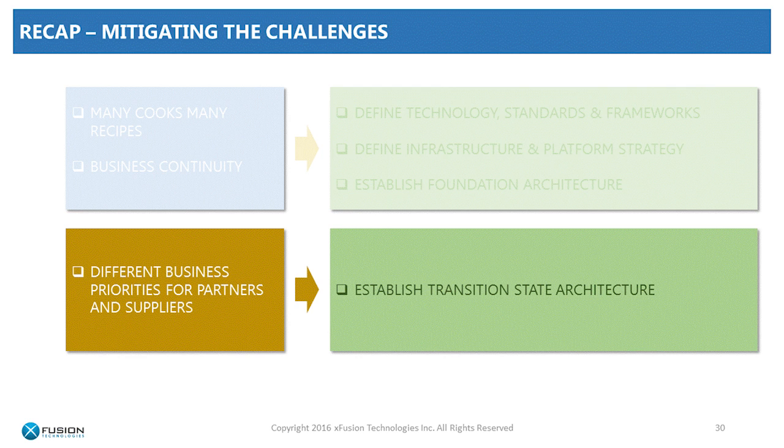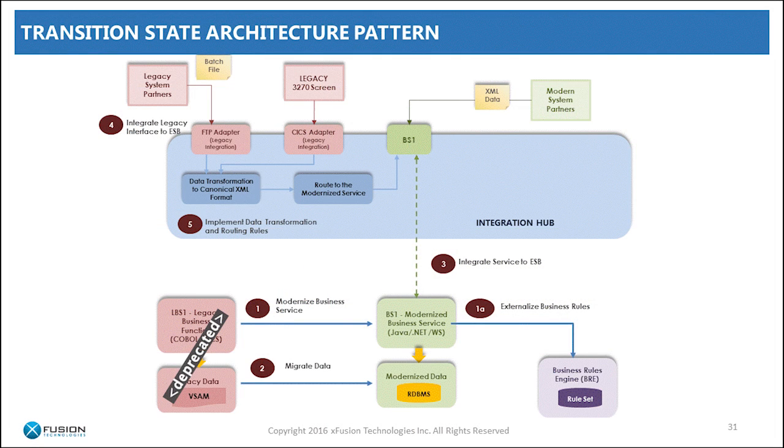So let's look at the pattern for the transition state, how it goes. I have a legacy system, a COBOL CICS system, with a VSAM database. The data is stored in VSAM. When I take that module one in my scope, I'm modernizing that particular component.